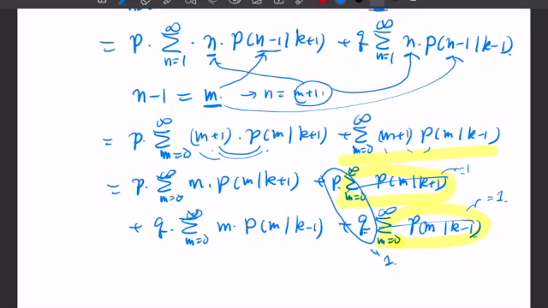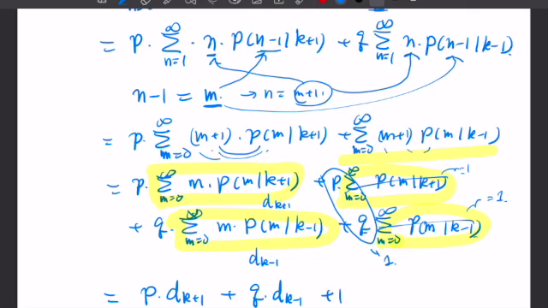After all, this part is D_{k+1}, right? And this summation is D_{k-1}. So after all, we have p times D_{k+1} plus q times D_{k-1} plus 1.